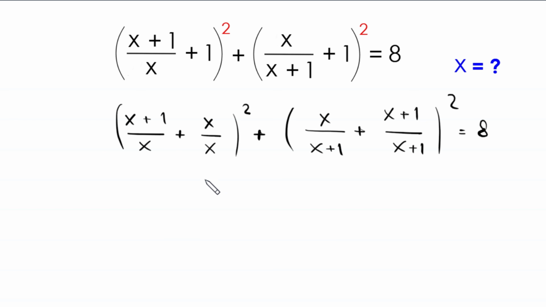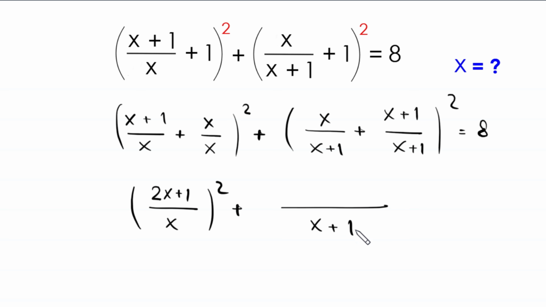Writing the denominator x, this x plus 1 plus x will become (2x plus 1) whole squared, plus with the common denominator x plus 1, this becomes 2 times (x plus 1) whole squared equal to 8.